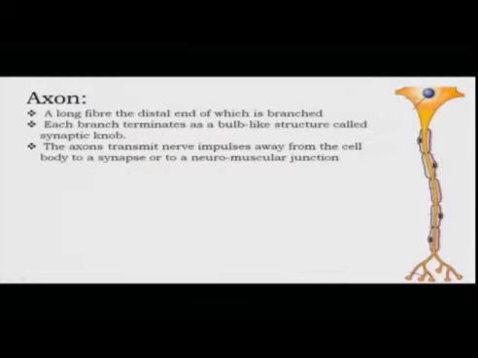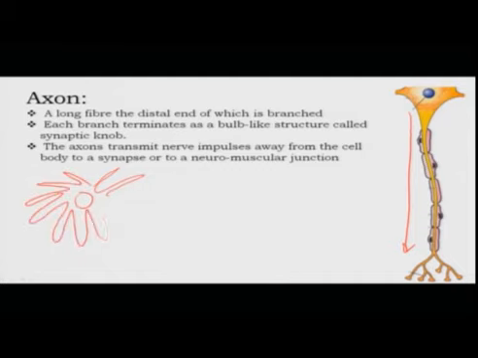Now, the axon. This axon is a long fiber which extends from one end of the cell body. So, the cell body had a lot of dendrites, and then one of these cytoplasmic processes grows really long and becomes specialized to transmit the nerve impulse, and this is known as an axon.